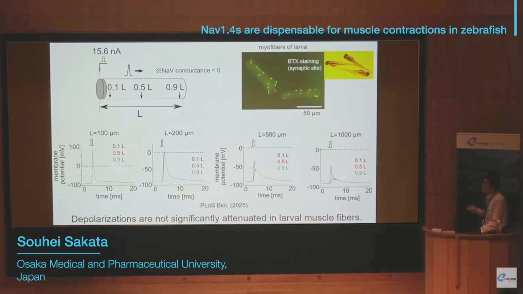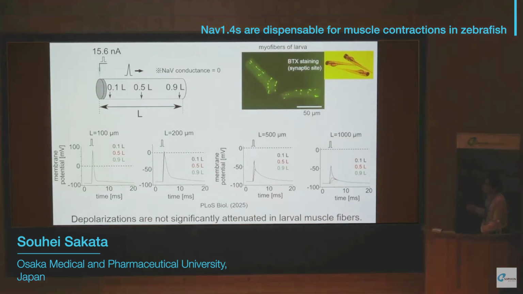Here is a myofiber, and this gray shows the synaptic site. Synaptic current is injected at this site, the membrane is depolarized, and the depolarization propagates along this fiber. We calculated the depolarization at 0L, 0.5L, and 0.9L respectively.